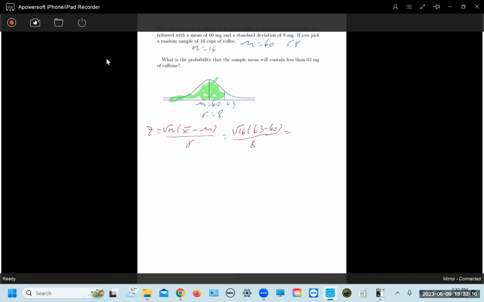So we want P of Z less than 1.5, and we can use the calculator.